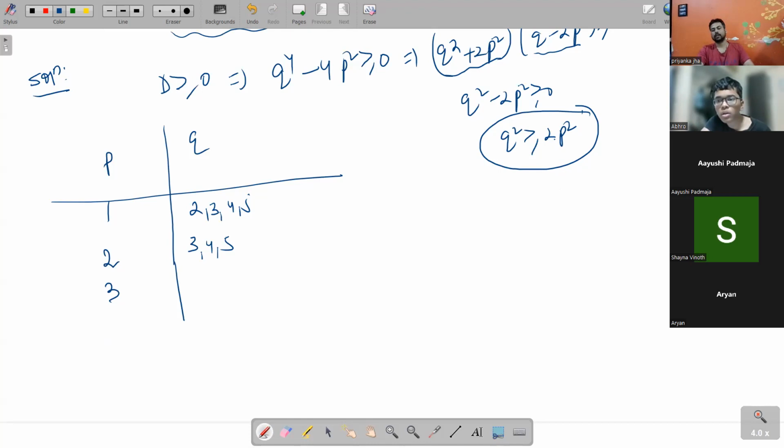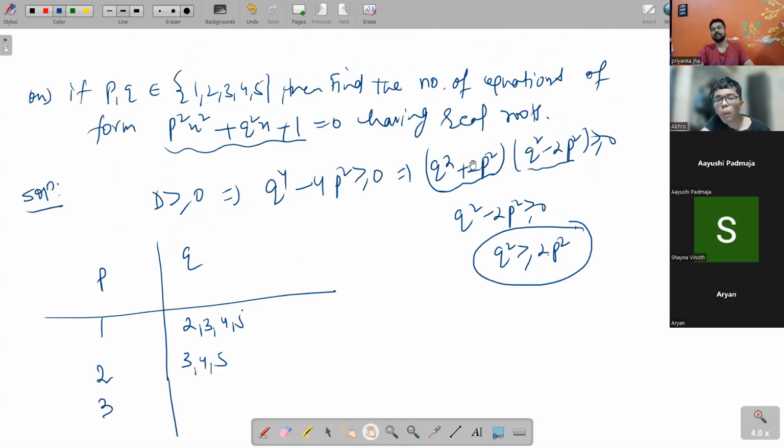But this is always positive. Yes, a square minus b square is a plus b times a minus b, so the root of 4p square will be 2p. Yeah, sir, it's not 2p square, it's just 2p. Oh, yeah. Okay, my bad. Okay, fine.